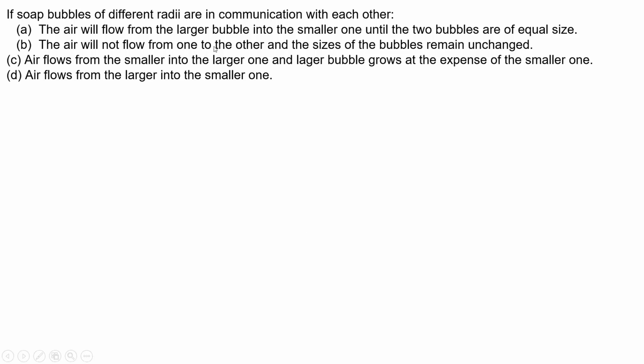So if soap bubbles of different radii are in communication with each other, we have soap bubbles of different radii, let's call it bubble 1, and there is another bubble 2. They have different radii.